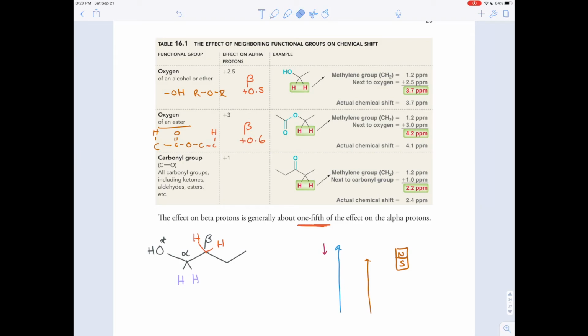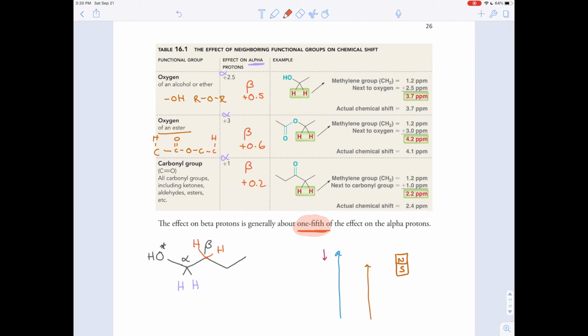And if you had hydrogens that were beta to a carbonyl, then you'd add a fifth of 1. That would be 0.2. So the numbers they're giving you in this table are for hydrogens on an alpha carbon, and for a beta carbon it would just be 1/5 of those.